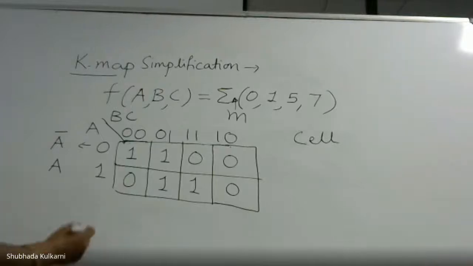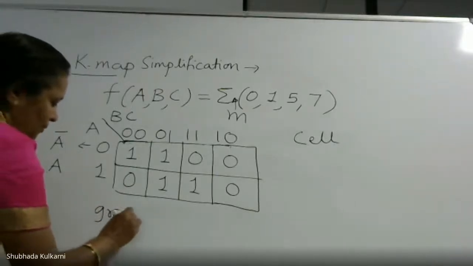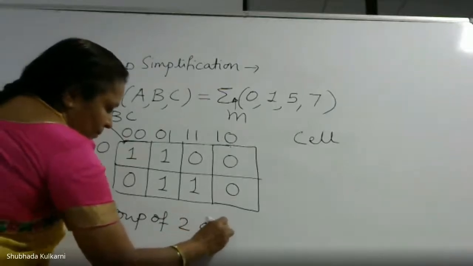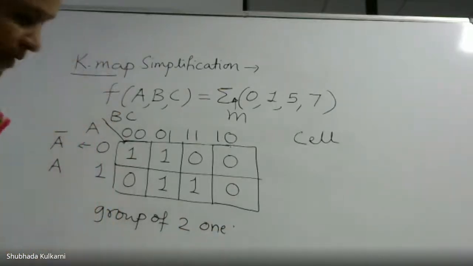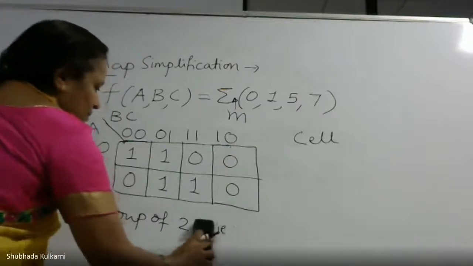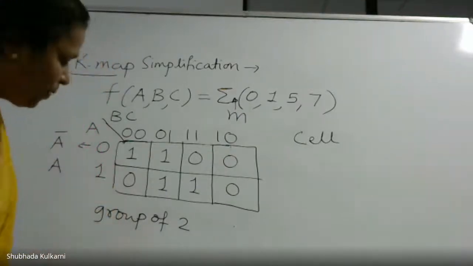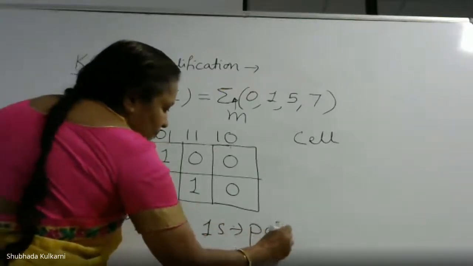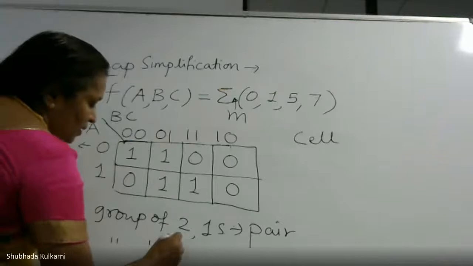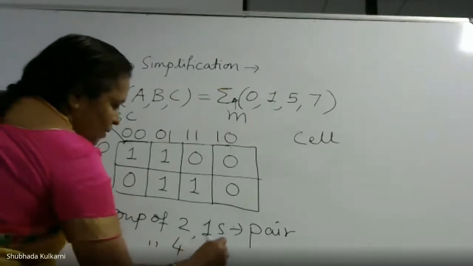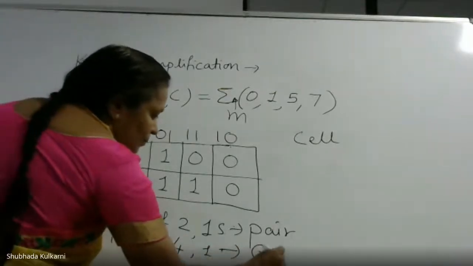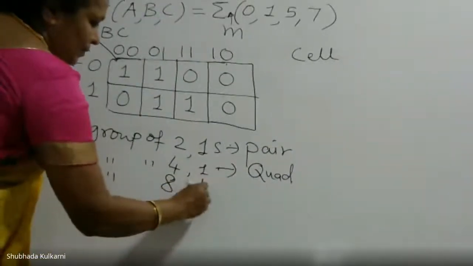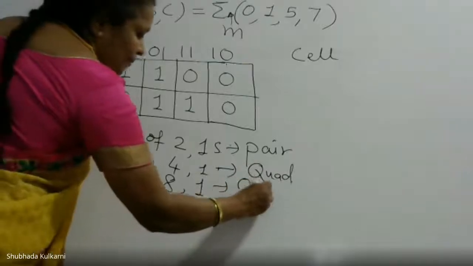A group of two ones, I will just write in short, a group of two ones is called a pair. A group of four ones is called a quad. And a group of 8 ones is called an octet.